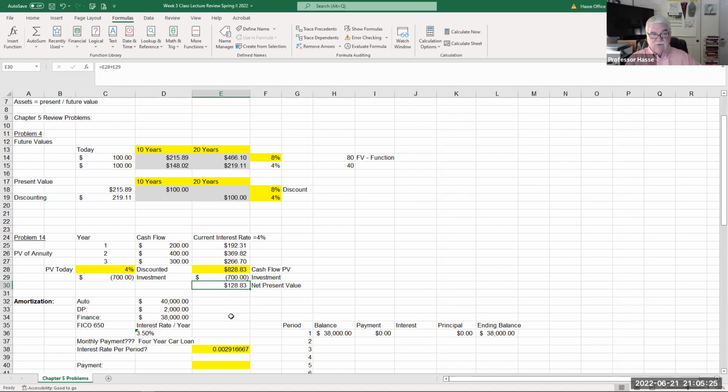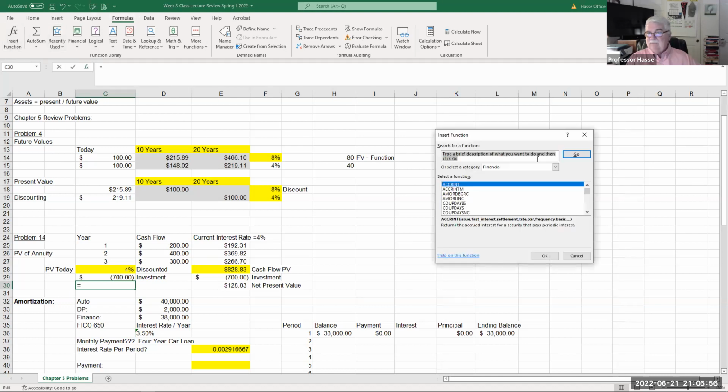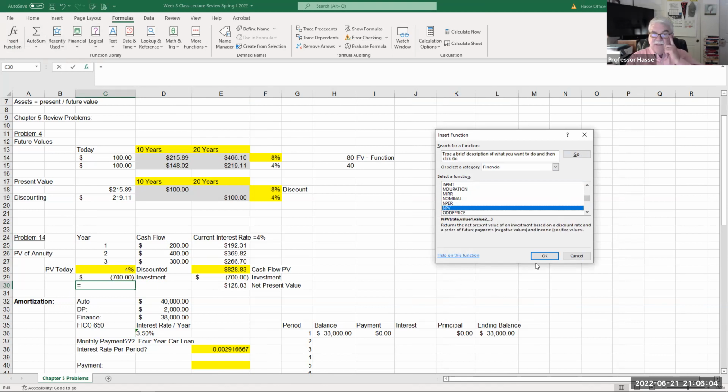Now, another way of doing this calculation is determining the discounted cash flow. Same number, same way of doing it, but in one easy step. Instead of doing 3 different formulas, 3 different calculations, what happens if this project goes out 20 years? You'll be going nuts. So why don't I take a formula like this? Formula, function, financial, and look for the function NPV, net present value.